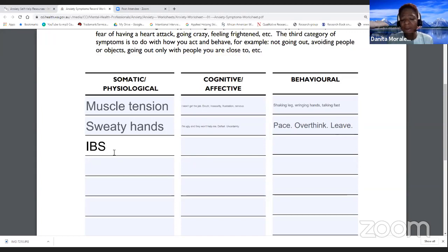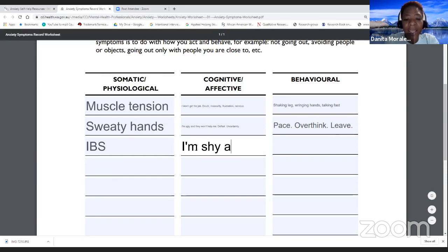And I'm going to be transparent. I have IBS. For years, we took different tests to see if there was some medical reason why I had that, and come to find out that it was a somatic symptom of anxiety. And so IBS may be, I don't like meeting new people, right?